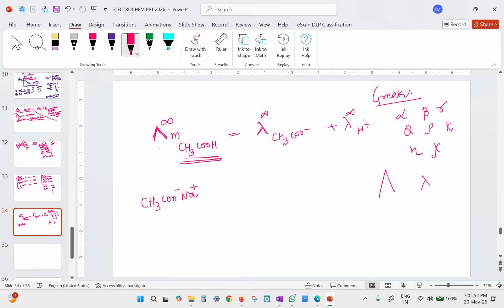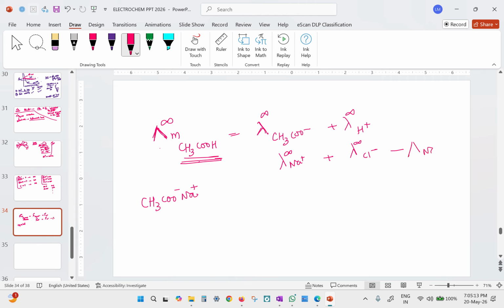So what will I do to get the lambda m for CH3COOH? I will add the ionic conductivity of Na plus, the ionic conductivity of chloride at infinite dilution, and subtract the lambda m of NaCl. Think about it. In fact, what I did is I added the molar conductivity of sodium chloride and subtracted the molar conductivity of sodium chloride. Any problem with that?